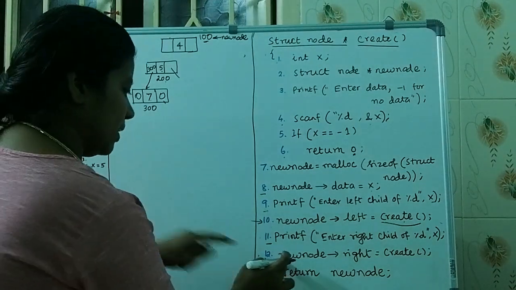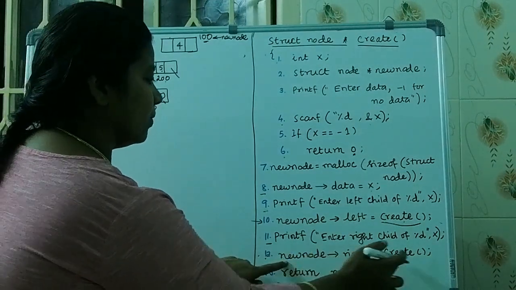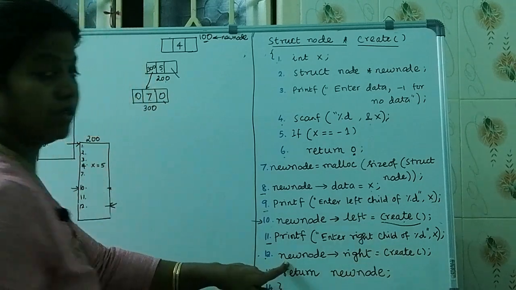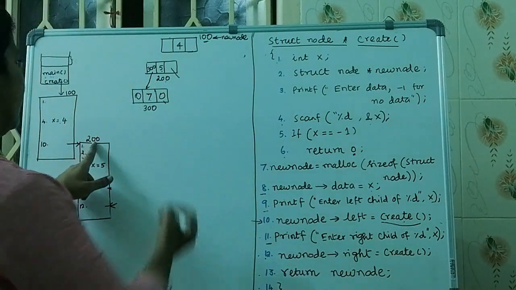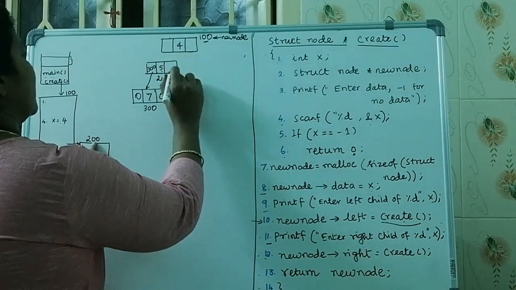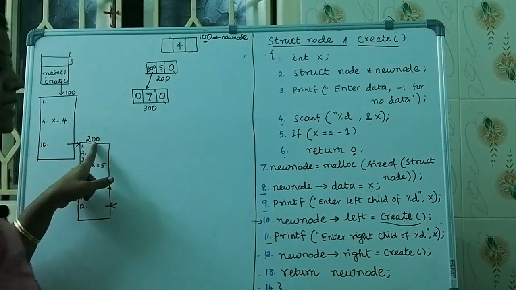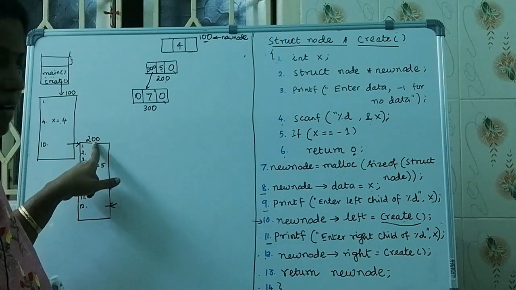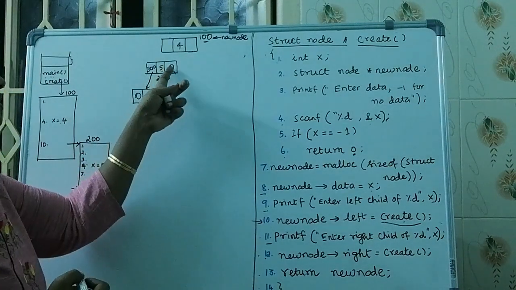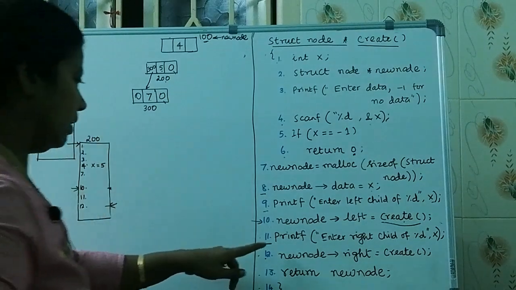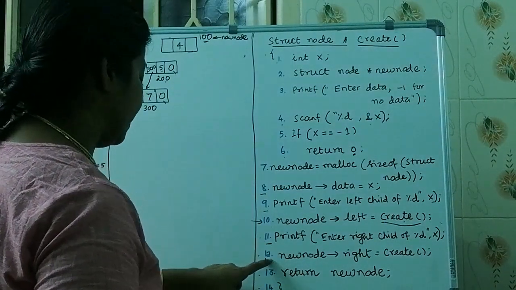From line number 12 we can say new node of right equal to 0, because create has returned the value 0. So what is new node? New node is 200. 200 of right has 0 now. Logically it has the null pointer. Fine, it points to null. So that means it does not have any right child. Then line number 12 completed.